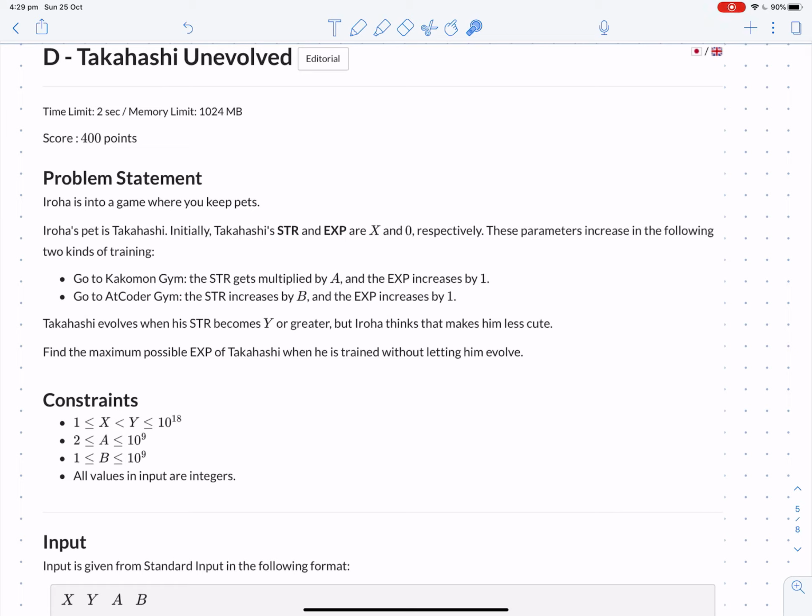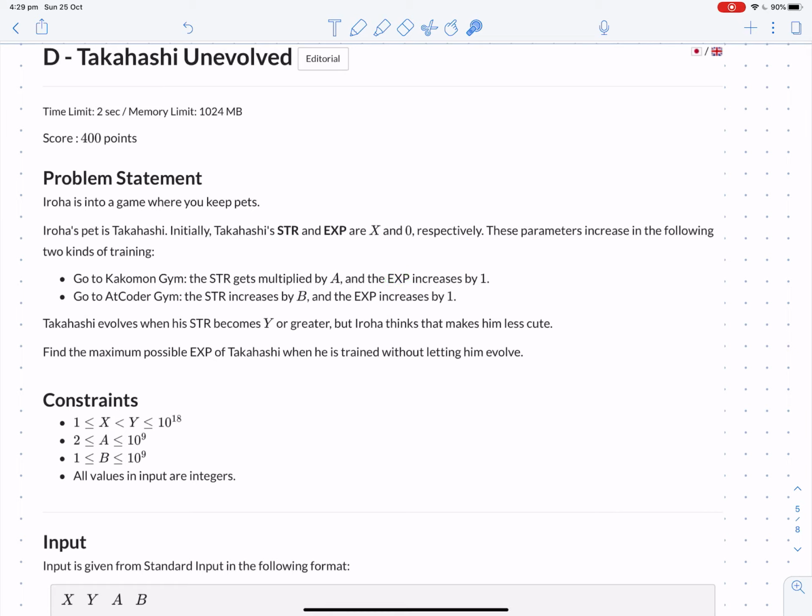These parameters increase in the following 2 kinds of training. If you go to one gym, then you multiply the first variable by A and you add 1 to the second. If you go to the other kind of gym, then you add B and increase that. So no matter what, this goes up by 1 every time.